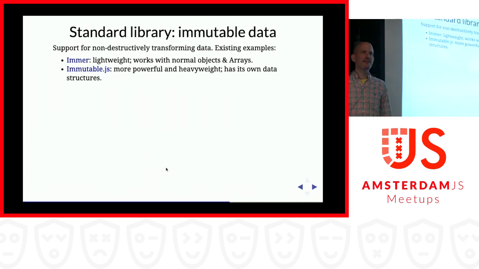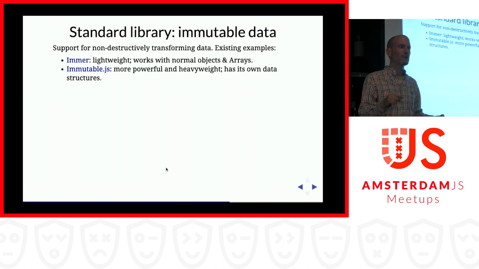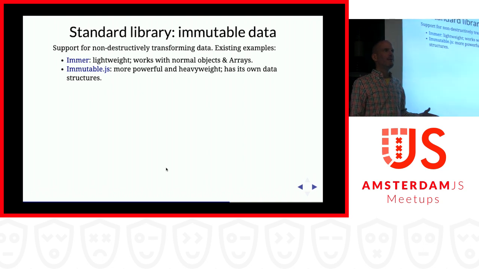Another thing that has become popular especially with React, which favors a lot of functional patterns, is working with immutable data. Basically you have data and you never change it. You always create fresh copies. That's a technique from functional programming.